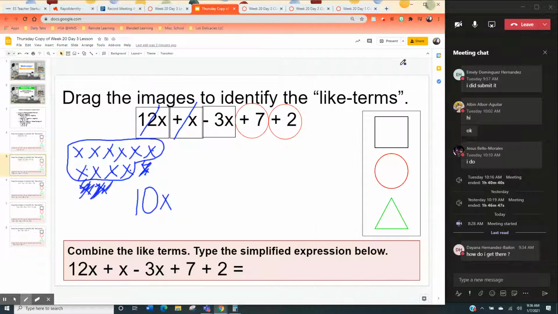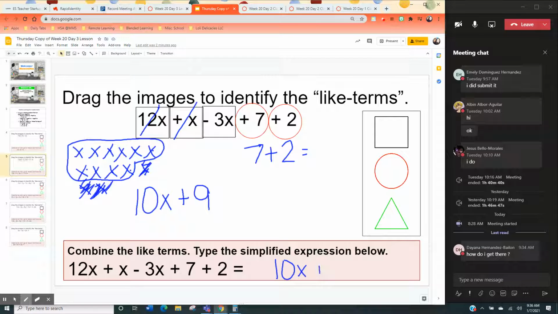So this is also a good way to check your answer. So 10x, and then it says plus 7 plus 2. So 7 plus 2 should be simple. So 7 plus 2 more gives me 9. So I would do 10x plus 9. So that would be my simplified expression.